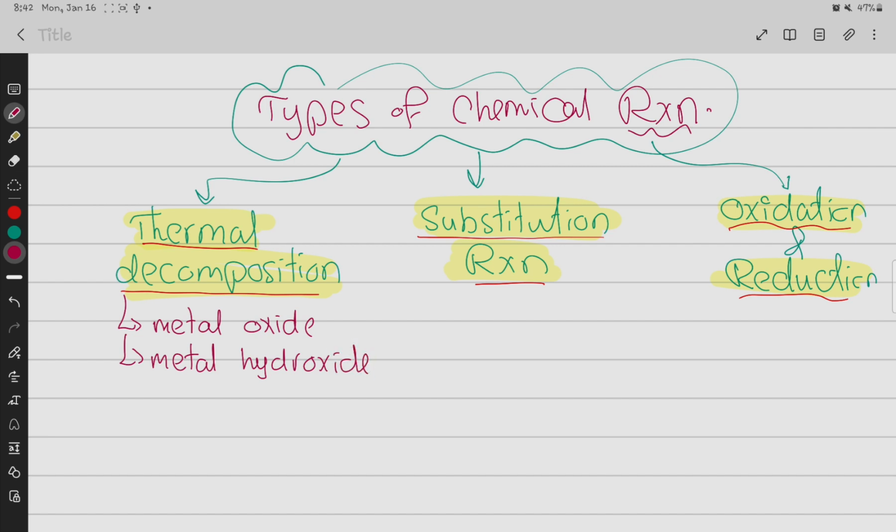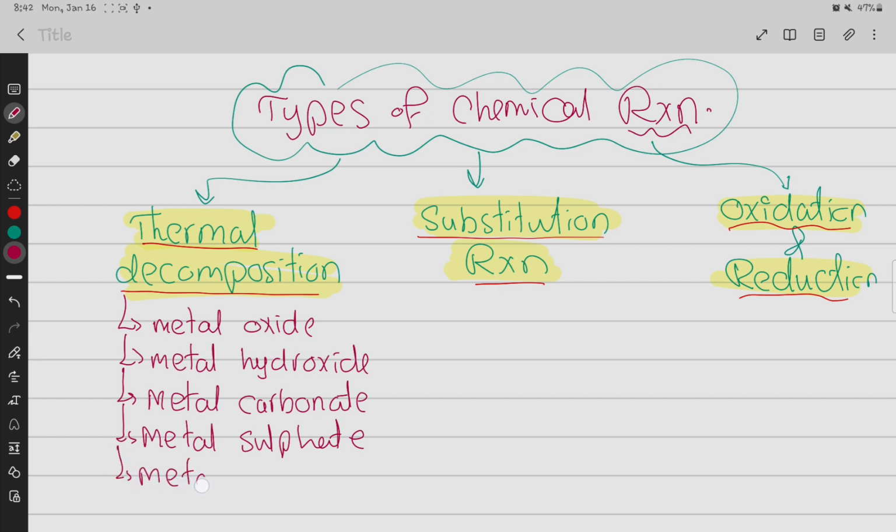And also decomposition of metal carbonates, and also metal sulfates, and also metal nitrate.